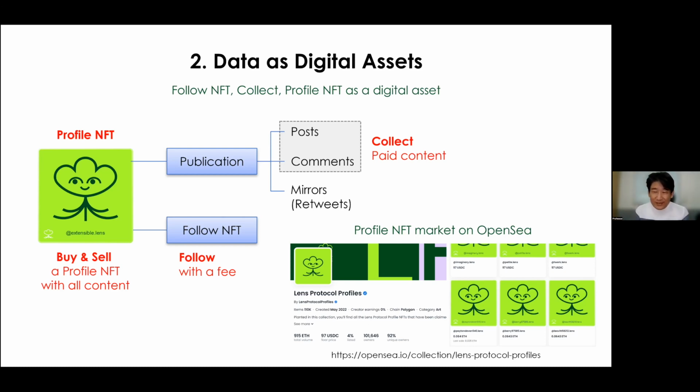But it is a monetization mechanism with my social data. I already bought one profile NFT to use Lens protocol. This is the only way to join Lens protocol right now.